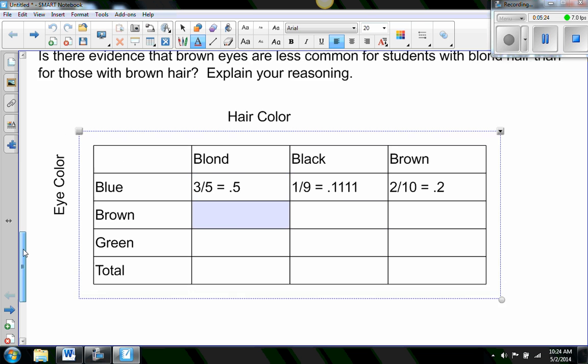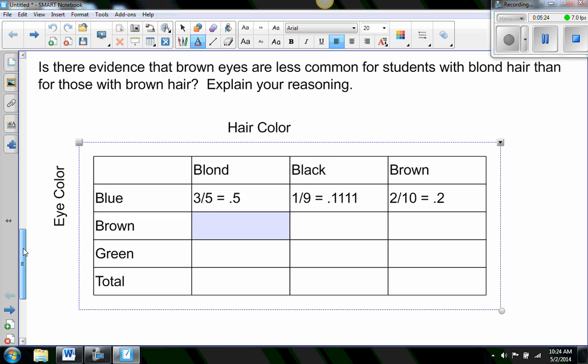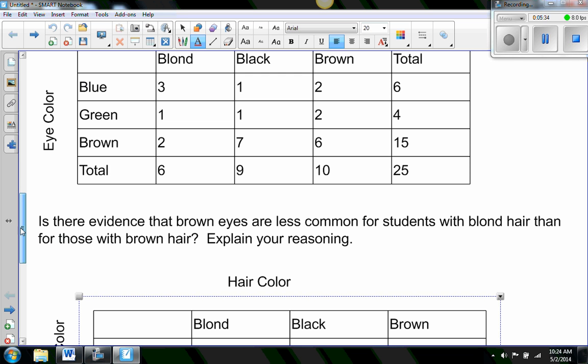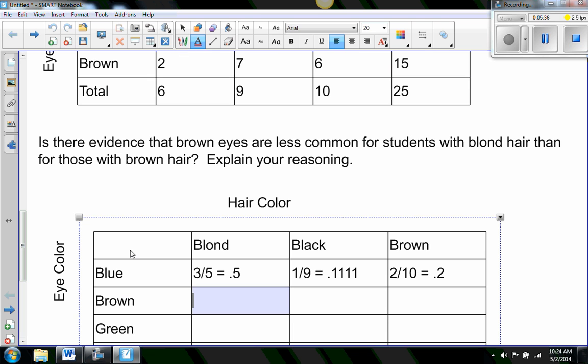So how many blonde-haired, brown-eyed people do we have? And here I have this one in a different order for some reason, so I got to be careful. We're doing brown-eyed, so 2 out of 6. Equals 1/3, so it'll be 0.3 repeating.